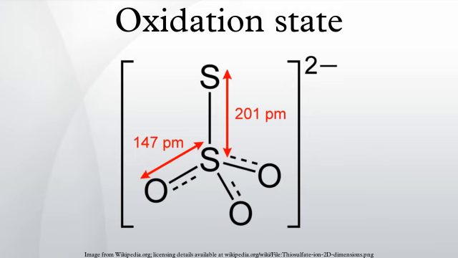The central sulfur is assigned only 1 valence electron from the S-S bond and no valence electrons from the S-O bonds, compared to 6 valence electrons for a free sulfur atom, so the oxidation state of the central sulfur is +5. The terminal sulfur atom is assigned the other electron from the S-S bond plus 3 lone pairs for a total of 7 valence electrons, so its oxidation state is −1.